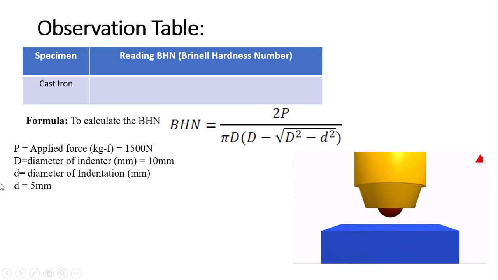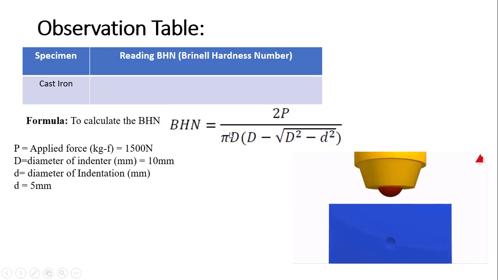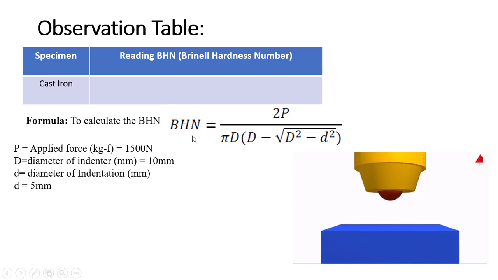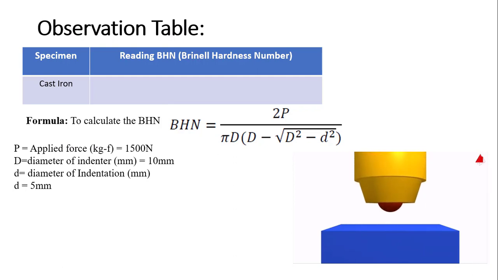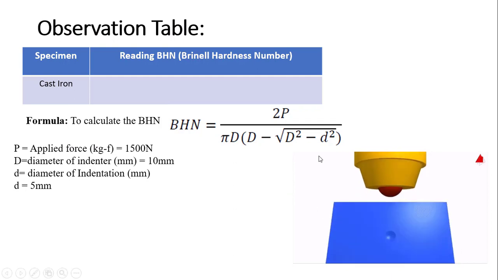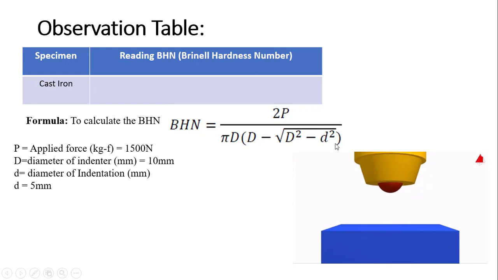Correct? So once you fill all the values in this formula, you will get a BHN number. So once you calculate the BHN number, that will be your final Brinell hardness number. So what is the function of this Brinell hardness number? As the diameter of this indentation gets increased, correct, it is a denominator, so the Brinell hardness number will get decreased.